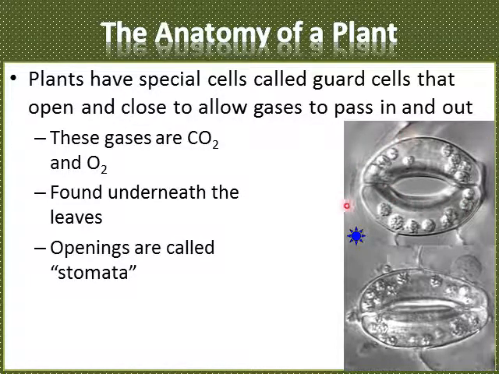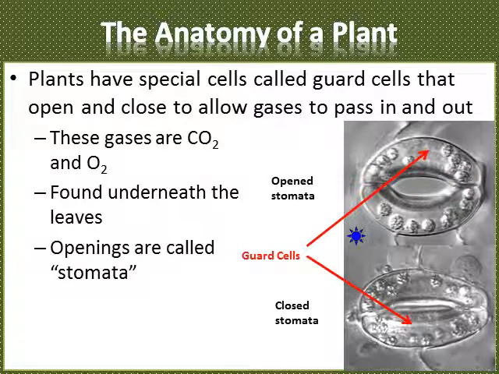This is your basic stomata. Okay, the two hot dog looking things or lip looking things on the outside, those are your guard cells. The opening in the middle that looks kind of like a mouth is called the stomata. Okay, so again, guard cells on the outside, there's two of them for each stomata, and the opening is called the stomata itself.